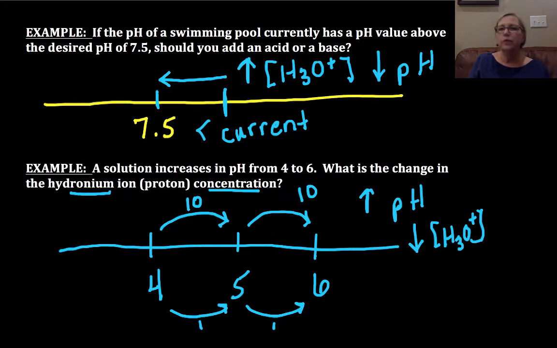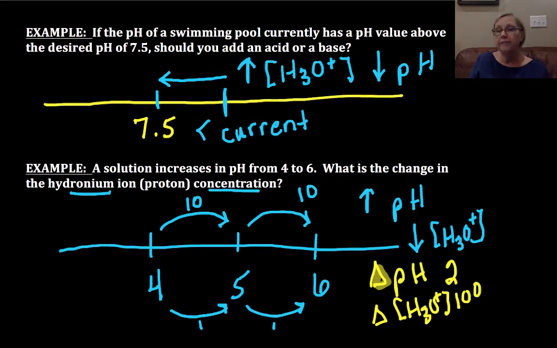Now, 10 times 10, so if I'm changing by a factor of 2 here, a change in pH of 2 would mean a change in H3O+ of 100. And in this case, an increase in pH means a decrease in H3O+.